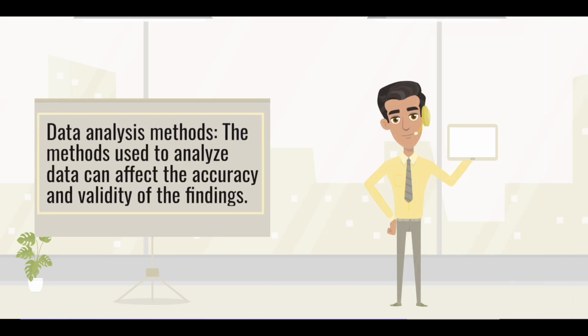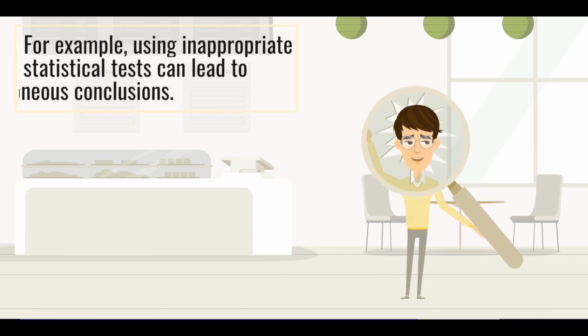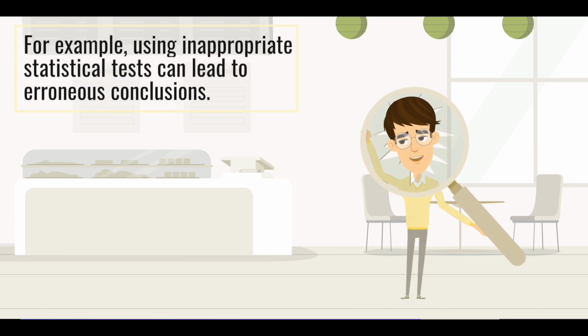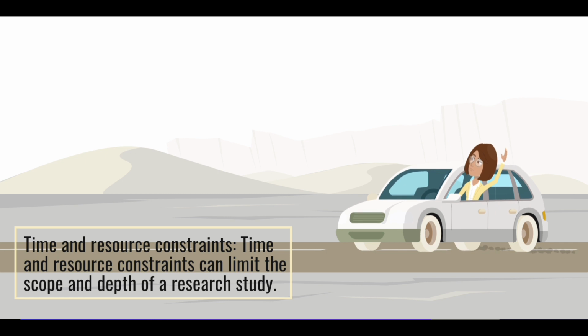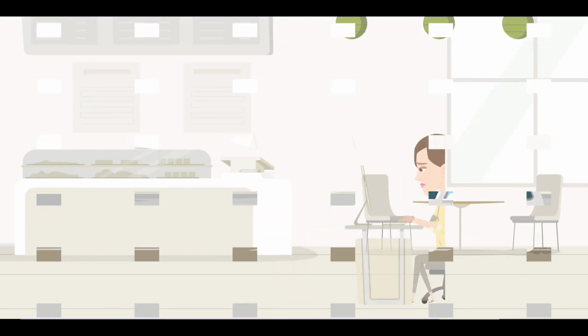Data analysis methods. The methods used to analyze data can affect the accuracy and validity of the findings. For example, using inappropriate statistical tests can lead to erroneous conclusions. Time and resource constraints. Time and resource constraints can limit the scope and depth of a research study.